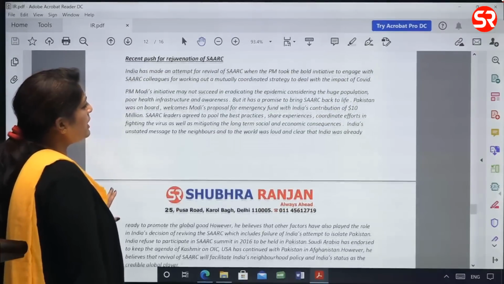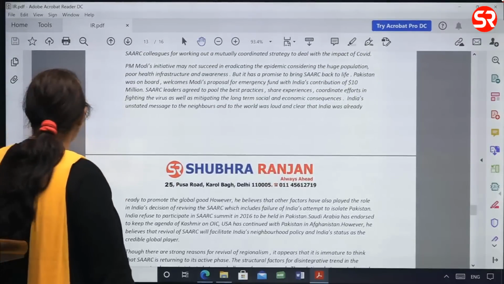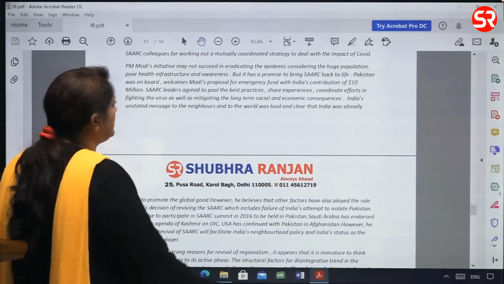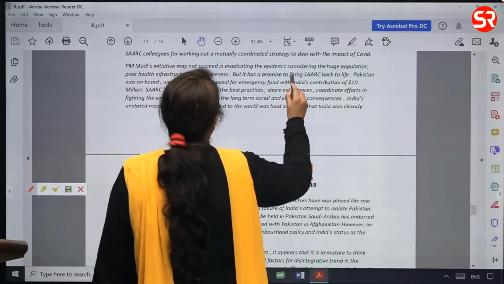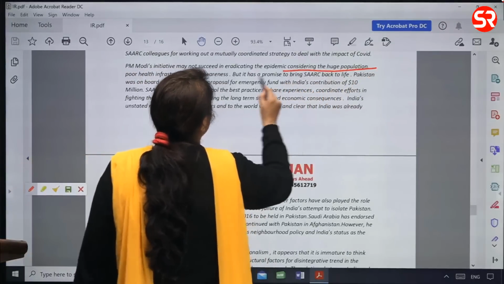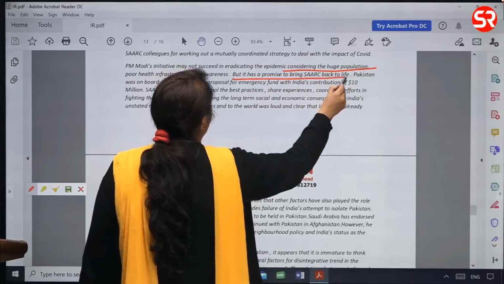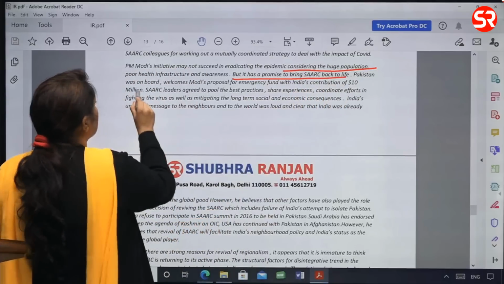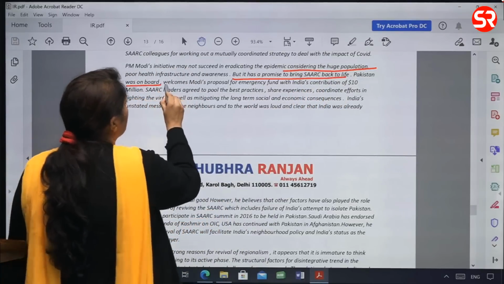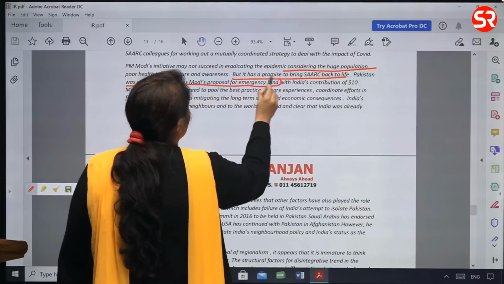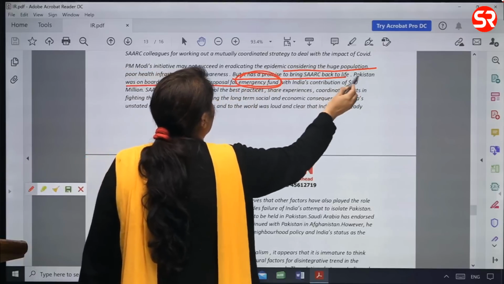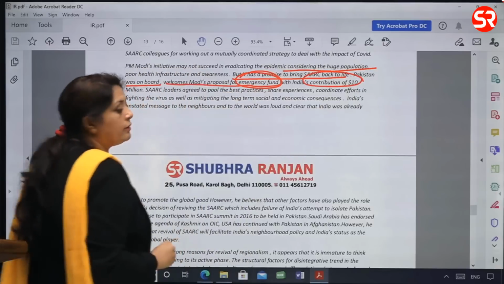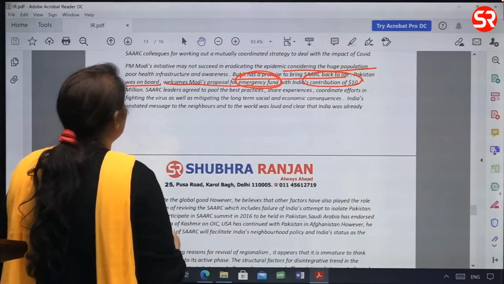Modi's initiative may not succeed in eradicating the epidemic considering the huge population, but it has a promise to bring SAARC back to life. Pakistan was on board and welcomed Modi's proposal for an emergency fund with India's contribution of $10 million.